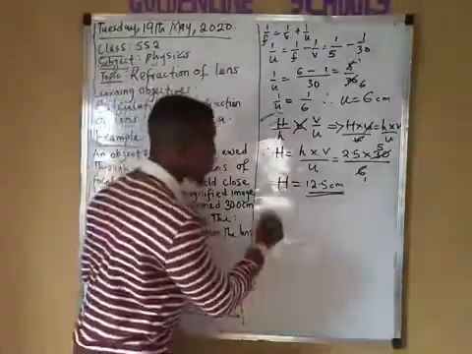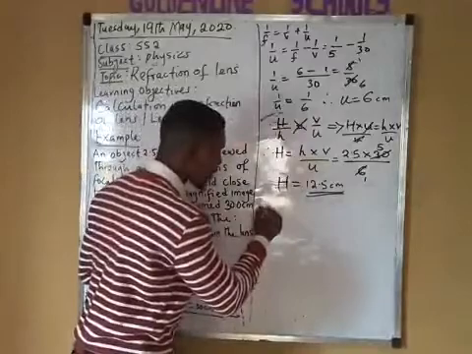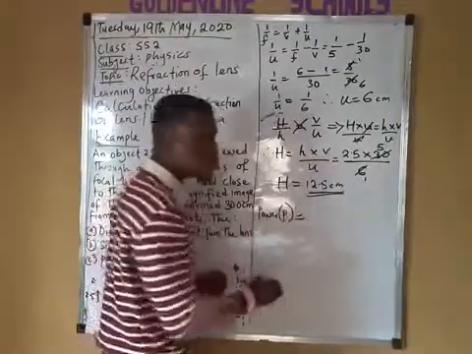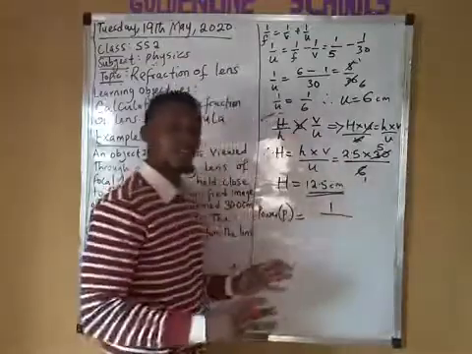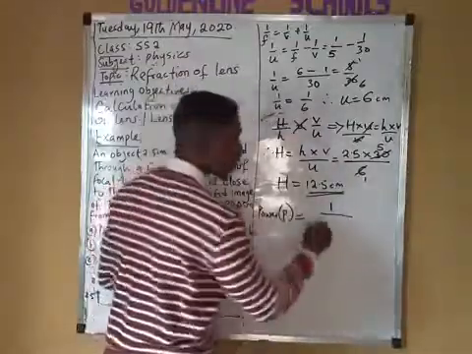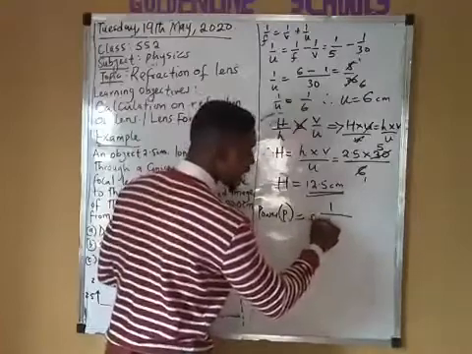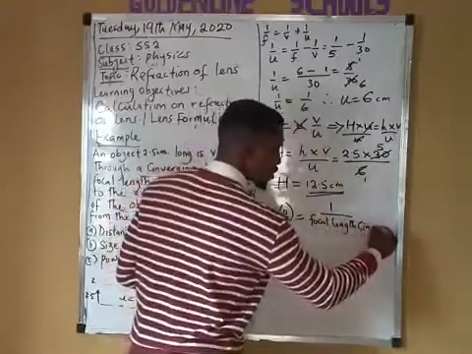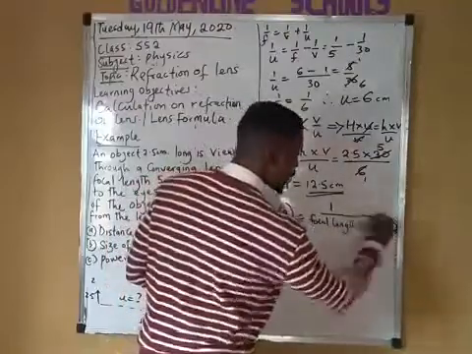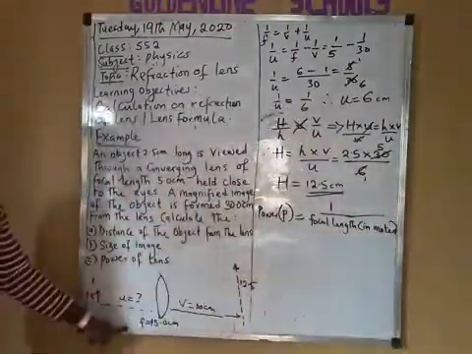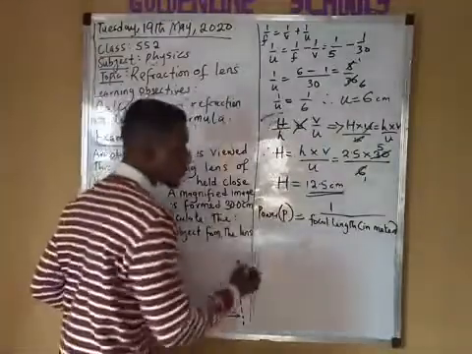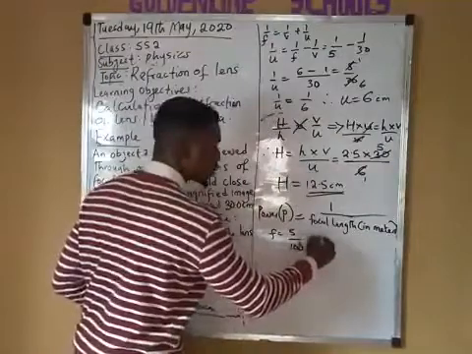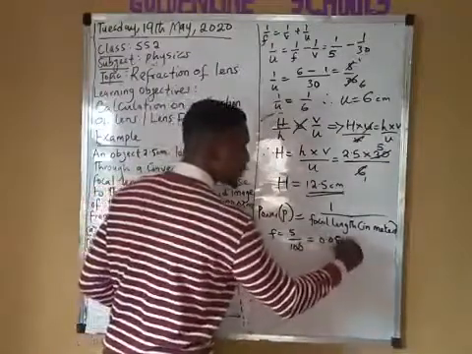From here, the power of the lens, P, equals 1 over the focal length in meters. It is a very simple calculation. It must be in meters, but the focal length we are given is in centimeters, so you convert it to meters by saying F equals 5 divided by 100, which gives 0.05 meters.